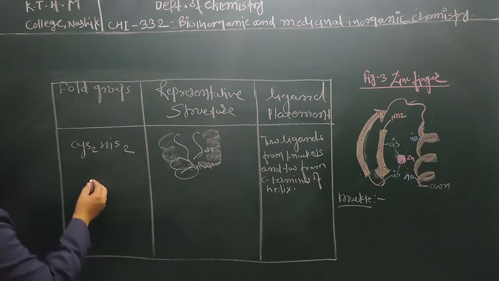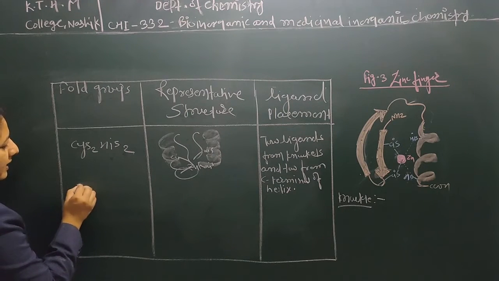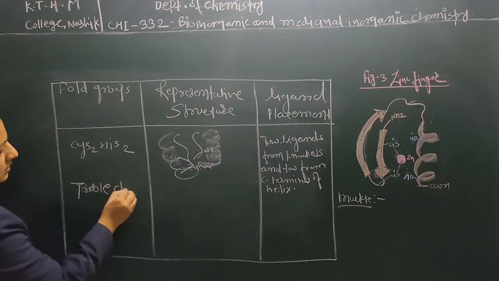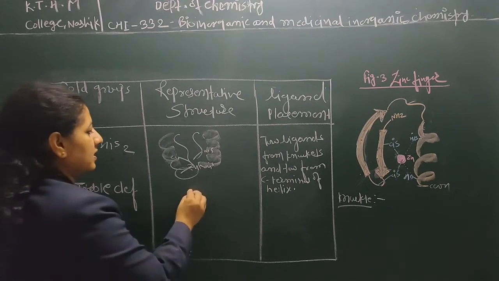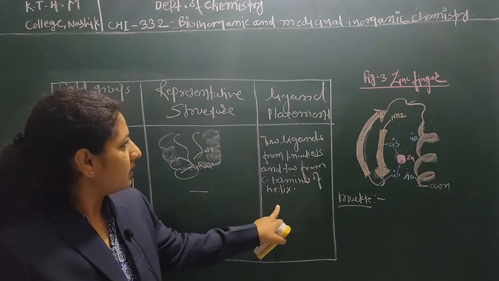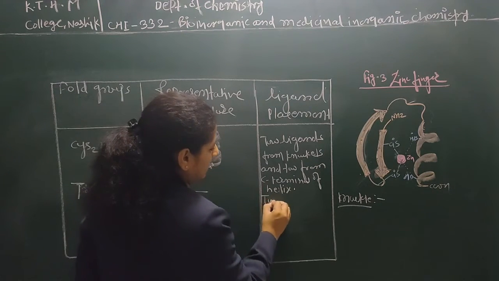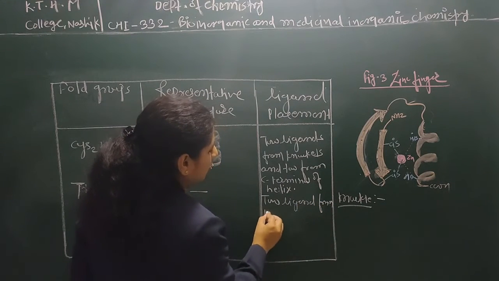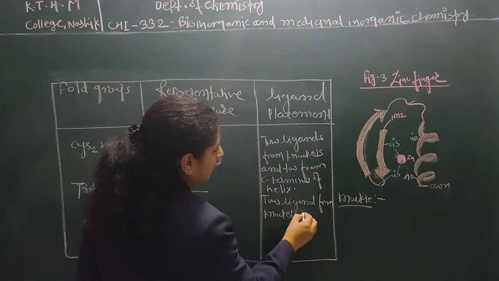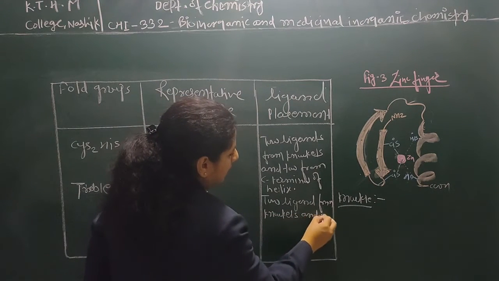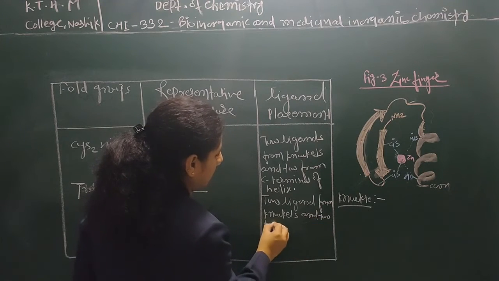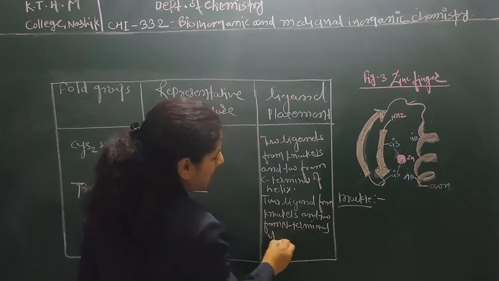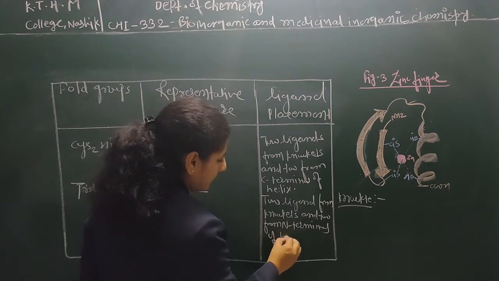Now the second, that is a treble clef. There is no special representative structure of treble clef, but the ligand placement is two ligands from the nucleus and two from the N terminus of the helix or alpha helix.